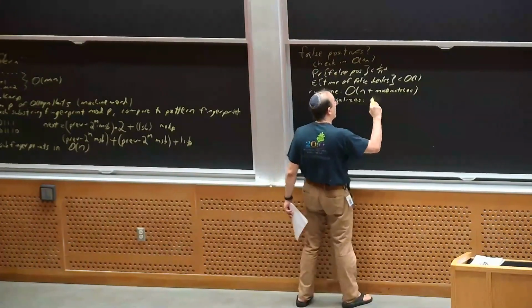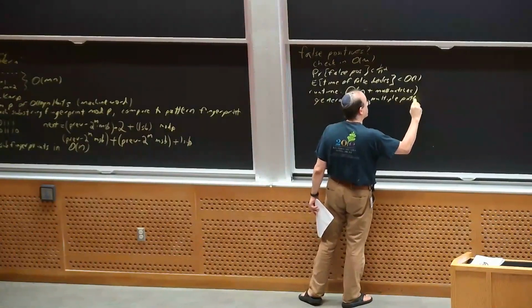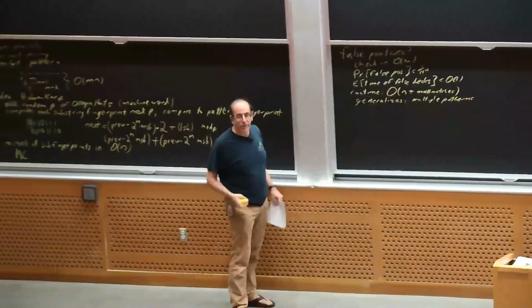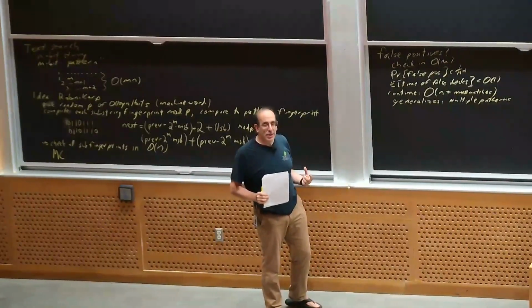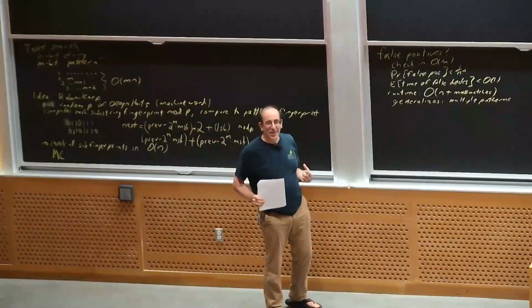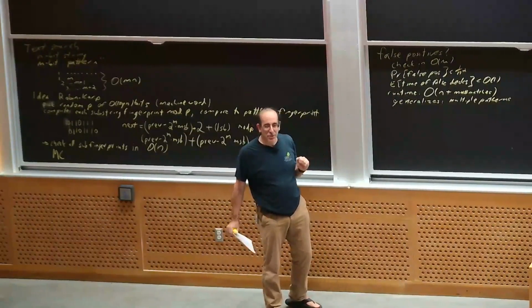One way it generalizes is if you're looking for multiple patterns. You can apply this same technique. And the point is you don't need to have a different fingerprint for each pattern. You don't need a different p, a different modulus for each pattern.